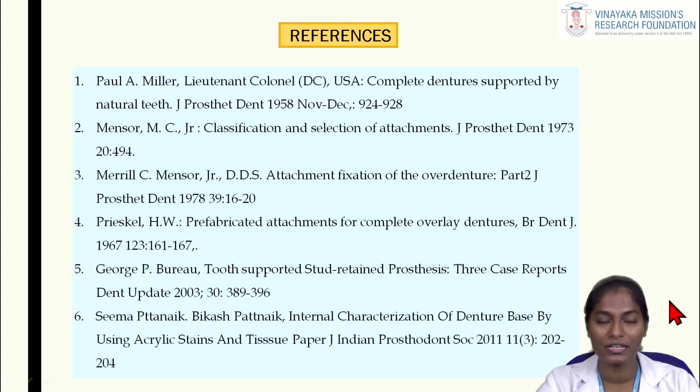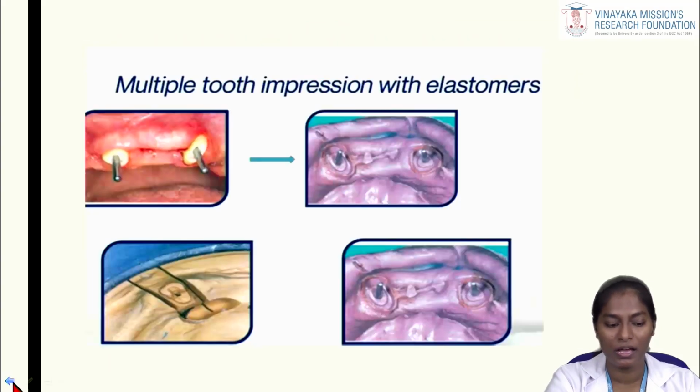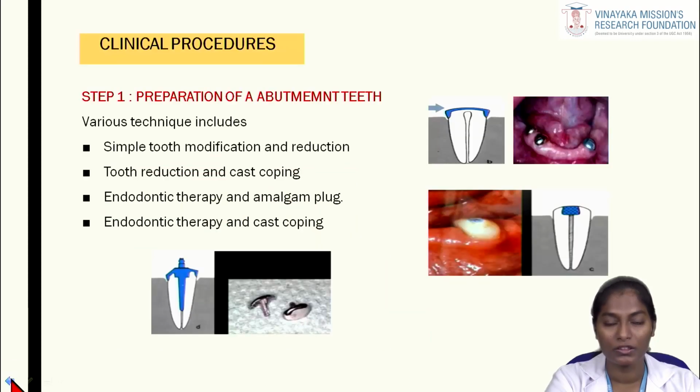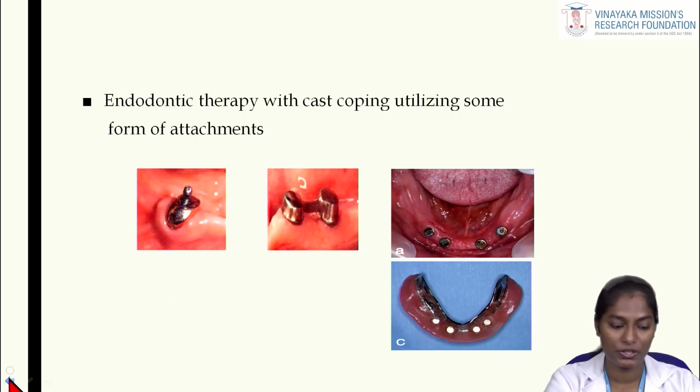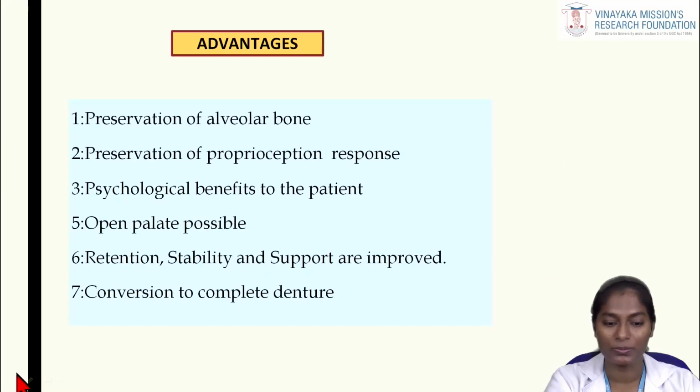These are the references. So to summarize, first we saw the introduction, the history, how overdentures have evolved, and the 3 basic goals of overdenture, that is maintaining teeth as a part of the residual ridge, decrease in the rate of resorption and retaining the proprioception.